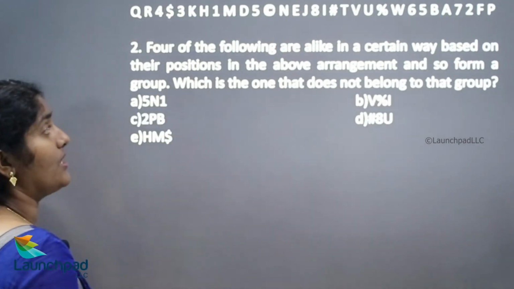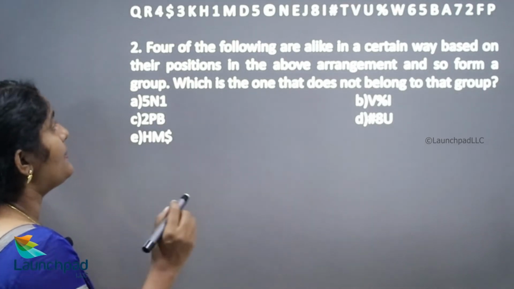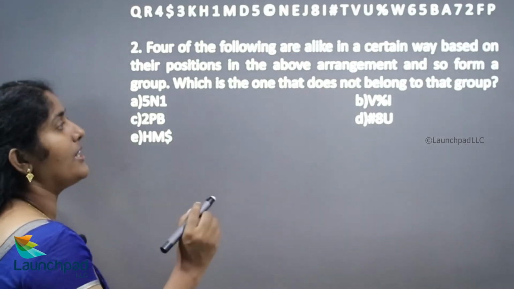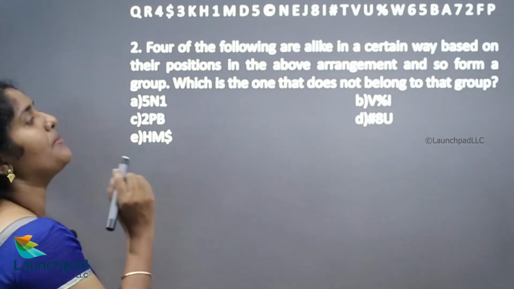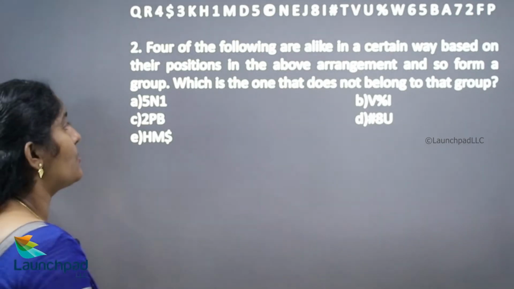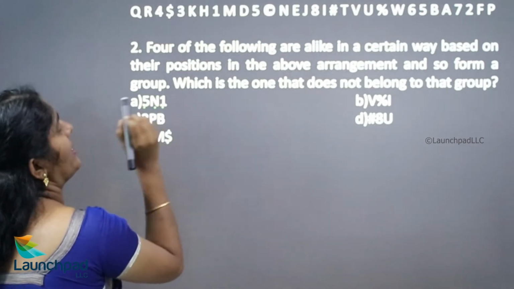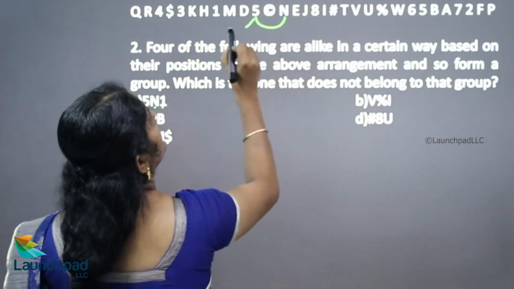Four of the following are alike in a certain way based on their position in the above arrangement, and so form a group; find the one that does not belong to that group. As usual, from your options, 5N1. Where is your 5? 5N1.